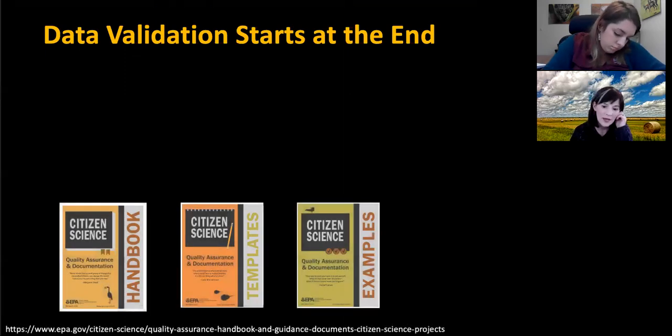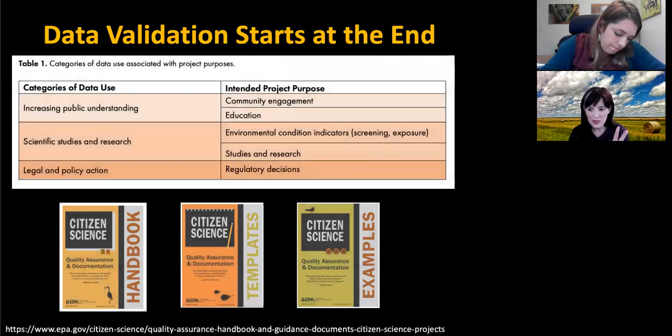And the EPA has a great series of guides on this that I strongly recommend you go to and reference. It's about quality assurance and documentation. They provide project outcomes in 3 different categories. Those projects whose purpose is community engagement are going to use data for increasing public understanding.